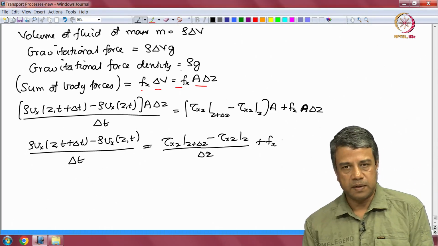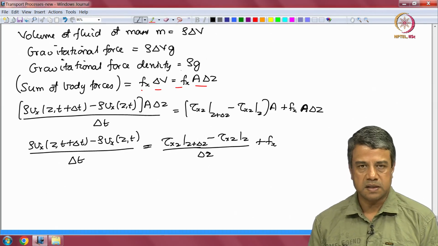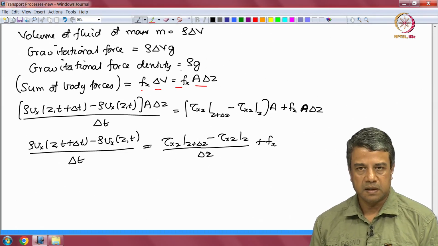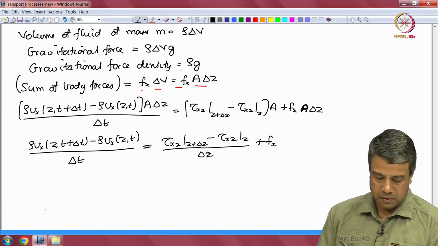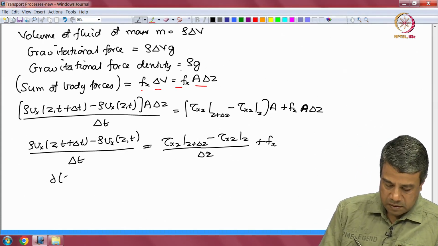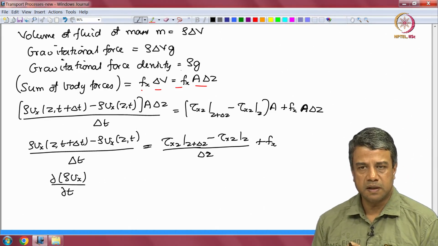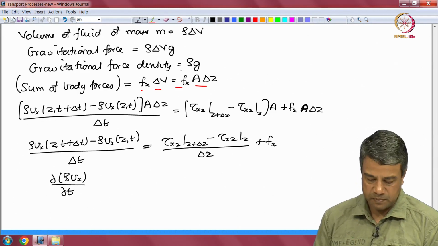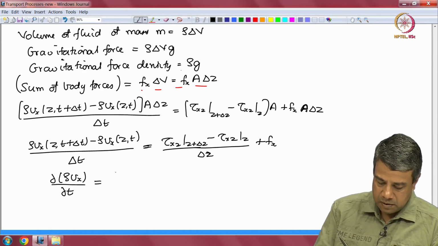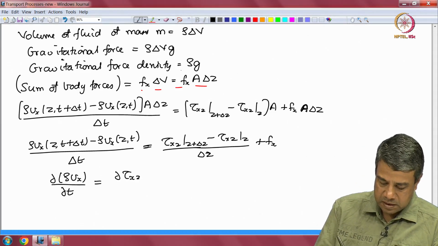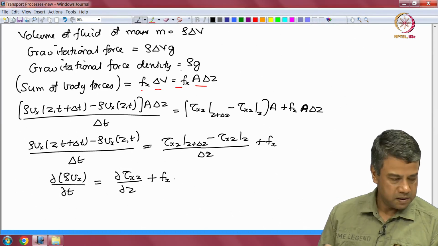Take the limit delta z going to 0, partial of rho v x. When I write this, I am permitting the possibility that rho could also be a function of time and position, is equal to partial tau x z by partial z plus f x.